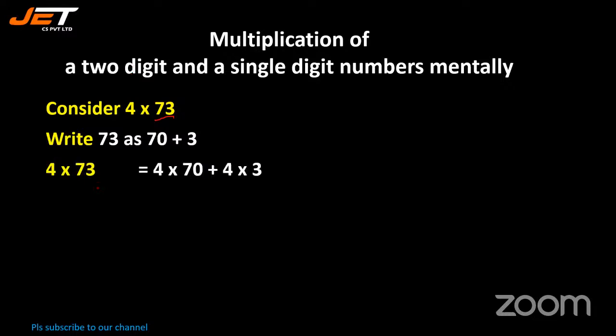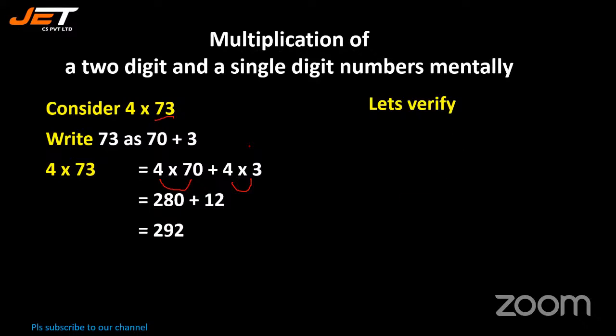First, we are going to do 4 times 70 plus 4 times 3. 4 times 7 is 28, so 4 times 70 will be 280. And 4 times 3 is 12. So 280 plus 12 is 292.